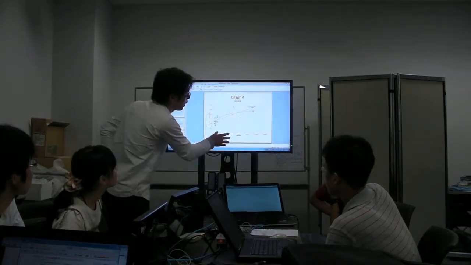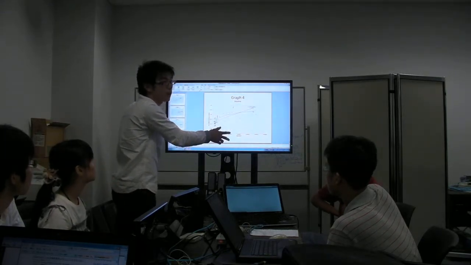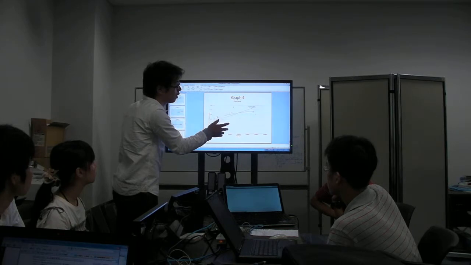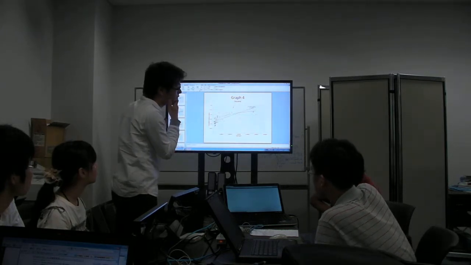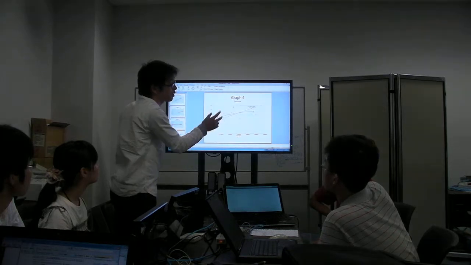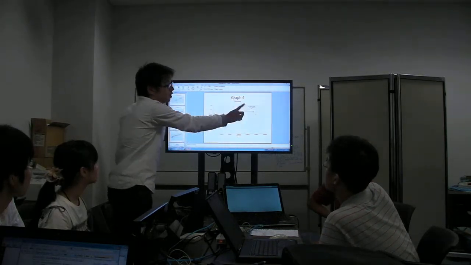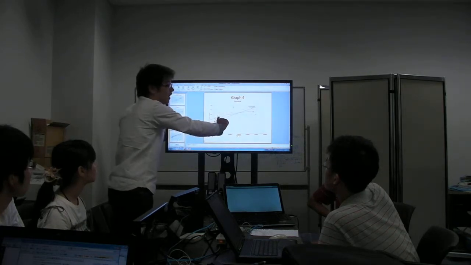For example, at more than 10 million yen of income, we can't say that the more income people get, the more people commit crimes. So we draw this not as a straight line.